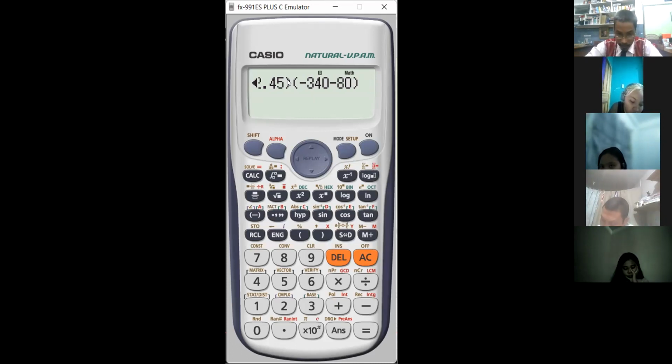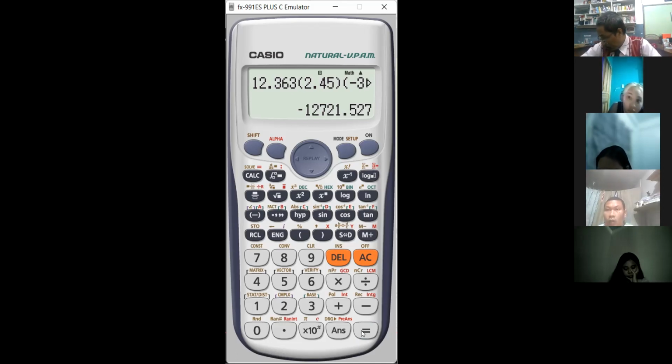Then press the equal sign. This is our answer.